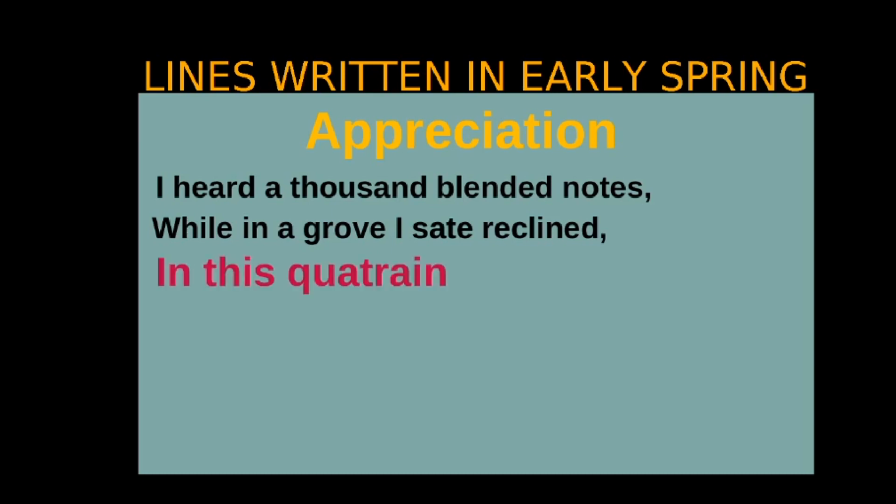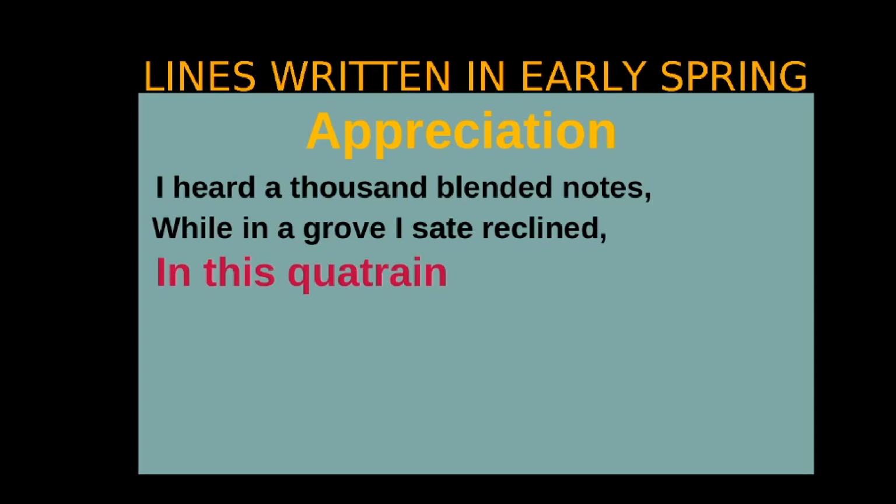Okay, in this quatrain, so what is a quatrain? Quatrain is a paragraph or a stanza of 4 lines. So this poem has stanzas of 4 lines. So you have quatrains there.